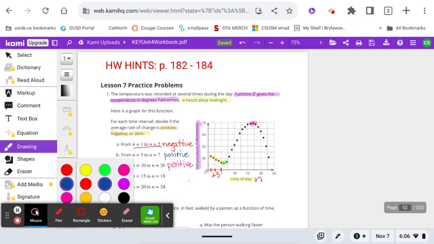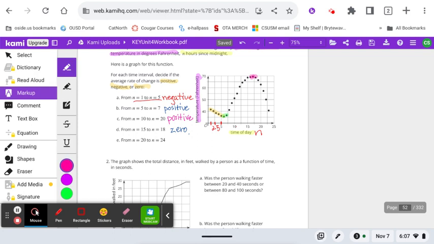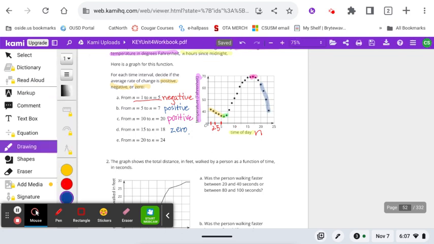Would you agree? So I'm going to say that that is a zero change, where it starts and stops at the same spot. Finally, we're going from 20 to 24. And that one is definitely a negative.